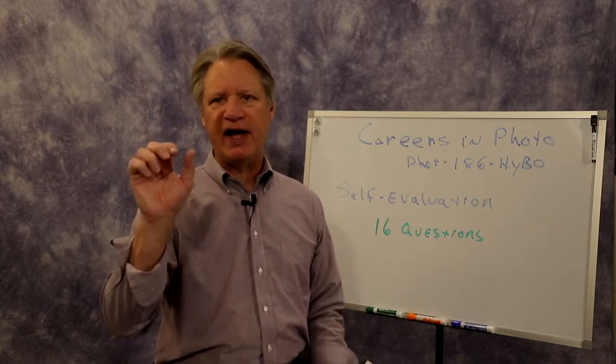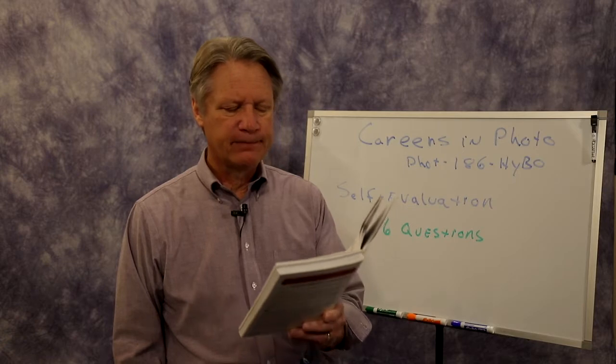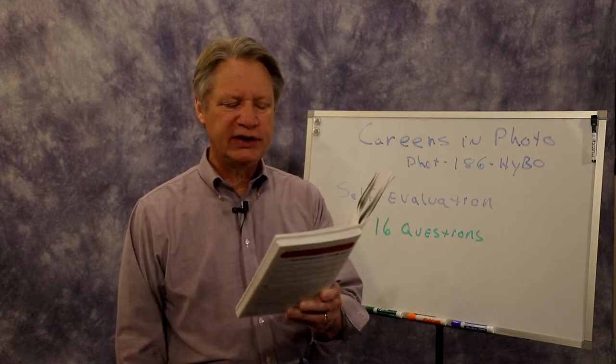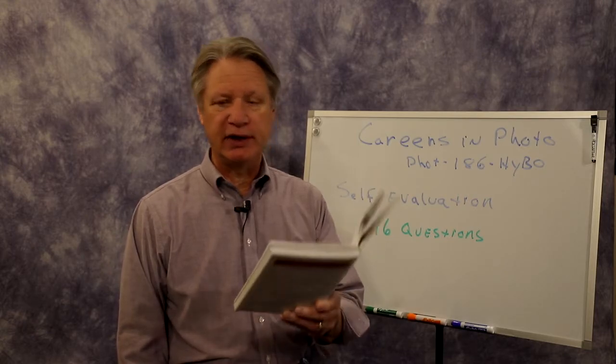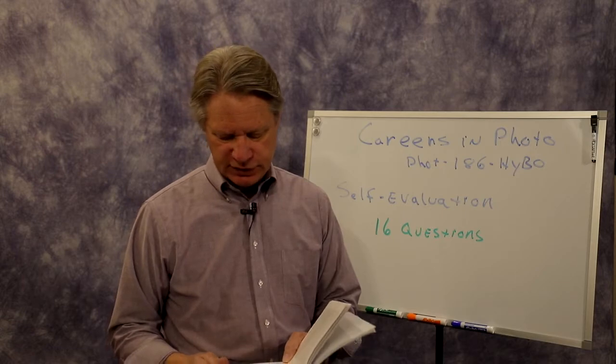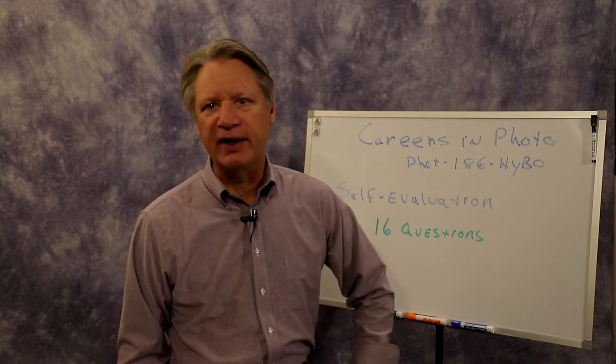Number 11. What would you like to do that you haven't done? And what do you currently do that you would like to do more of? So number 11 is kind of bucket list stuff.